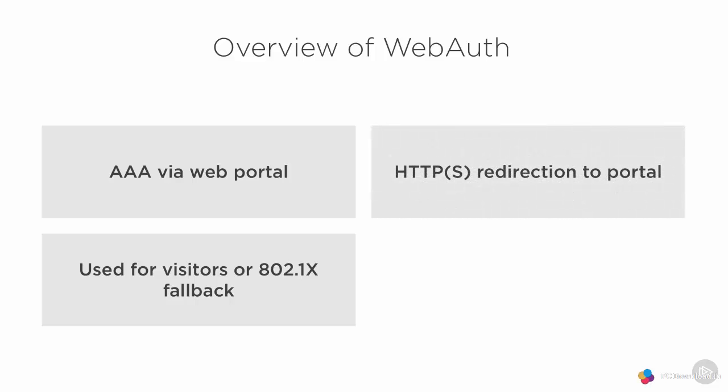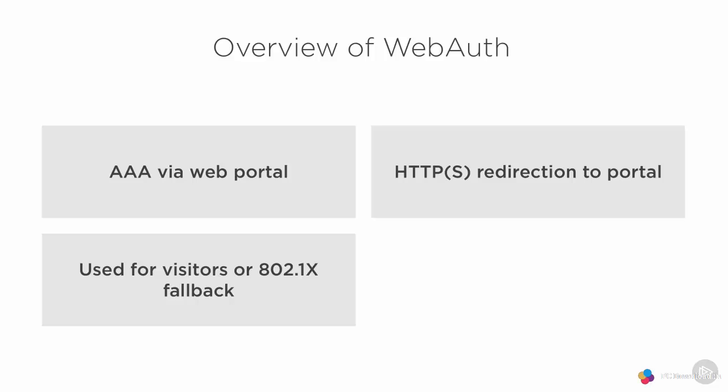Here's another one. It's HTTP or HTTPS redirection to a portal. Well, what are we talking about there? Well, in order to provide WebAuth to a user, they've got to open their web browser. So the user opens a web browser, they try to connect to something, and they need to be redirected.